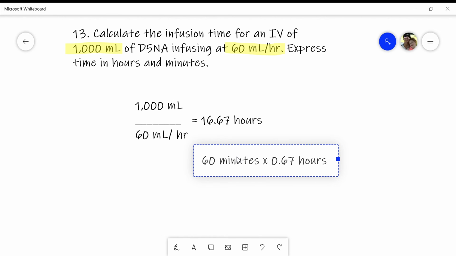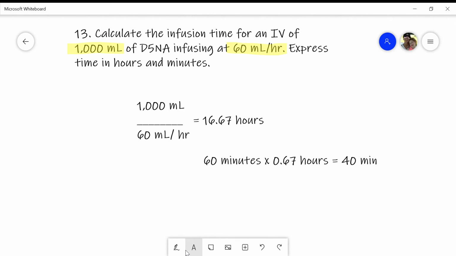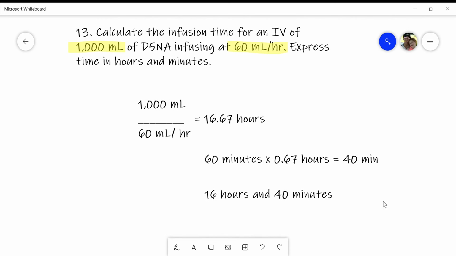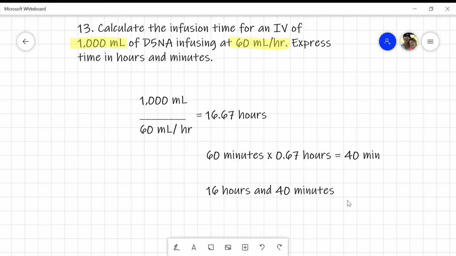And that's going to give us 40 minutes. So your answer is going to be 16 hours and 40 minutes. You good on that one? Okay.